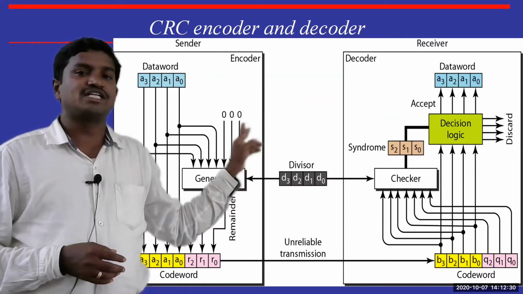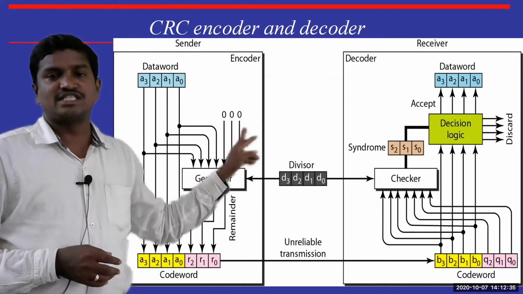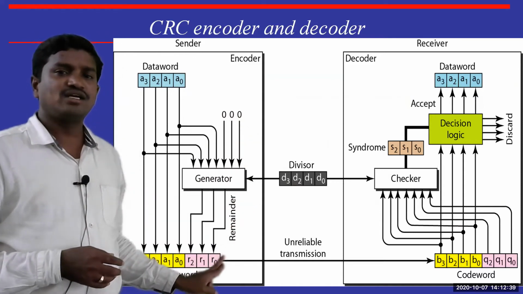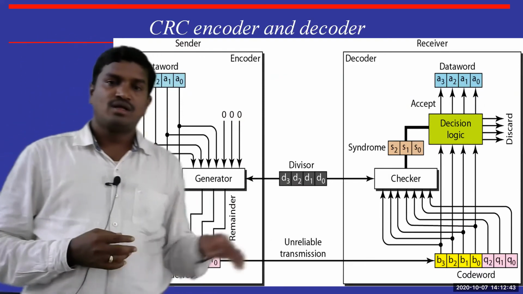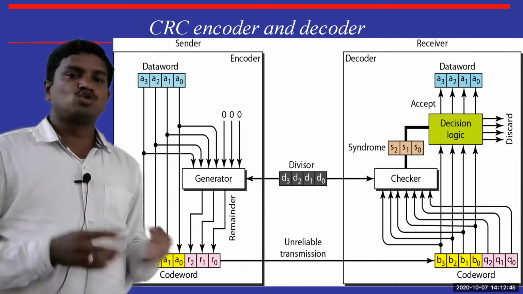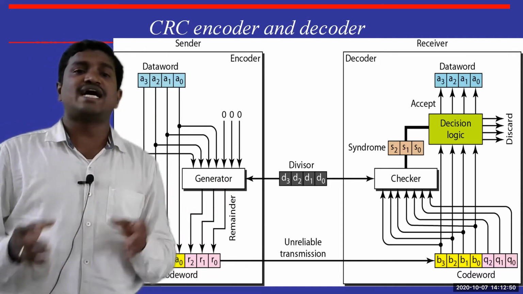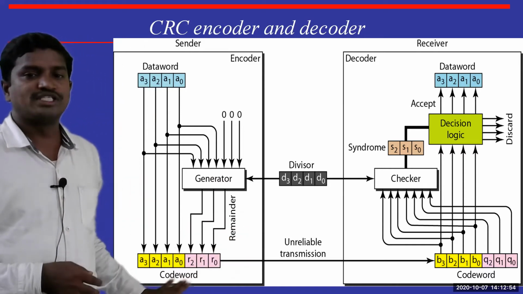Initially these redundant bits are 0, and after passing this data word and these 3 zeros to the generator, it generates a parity bit or redundant bit. The generator's job is to generate a remainder, or redundant bit. That redundant bit is added to the data word to produce a code word.